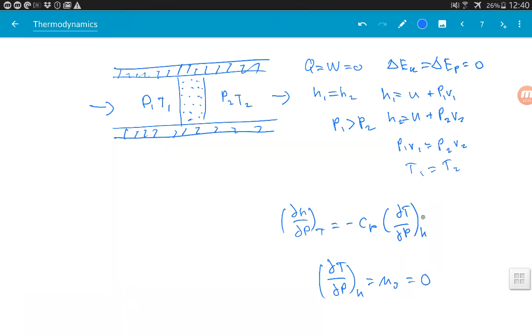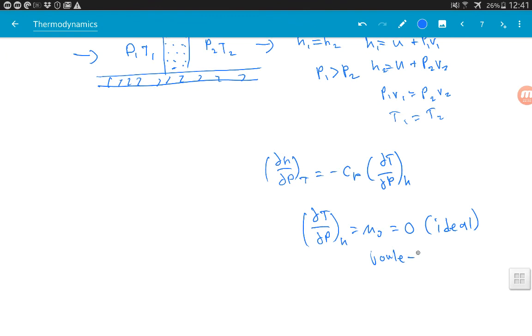If μJT is equal to 0, then it's for ideal gas. If it's not an ideal gas, then this expression will not be equal to 0, but will equal the Joule-Thomson coefficient.